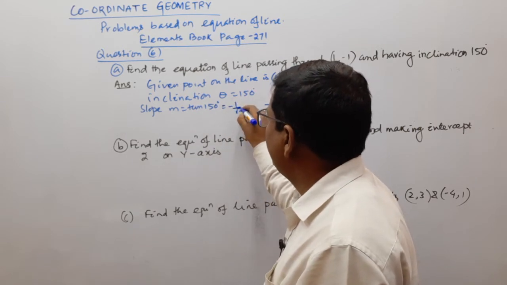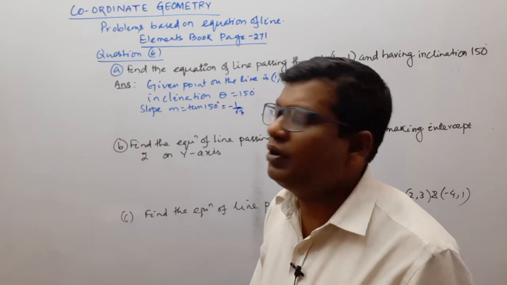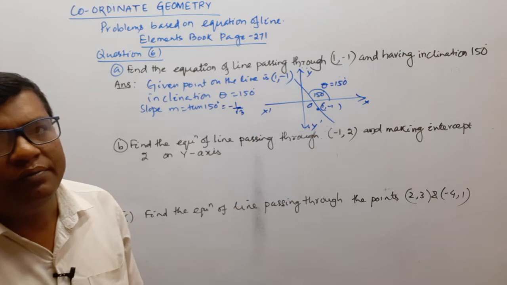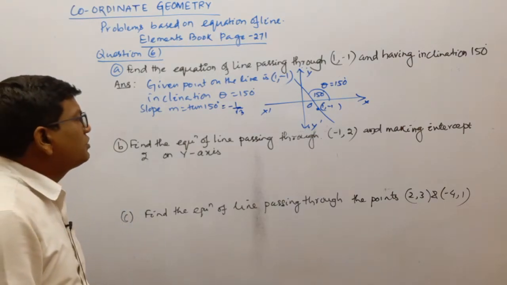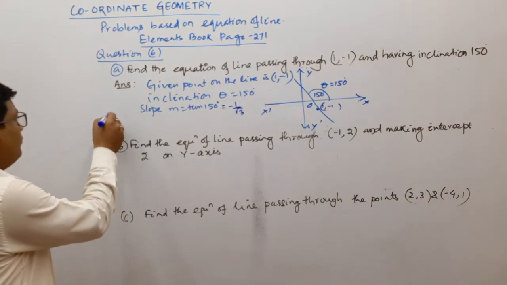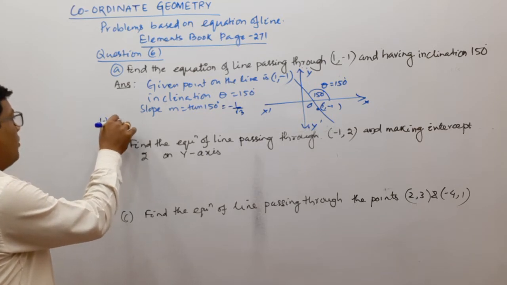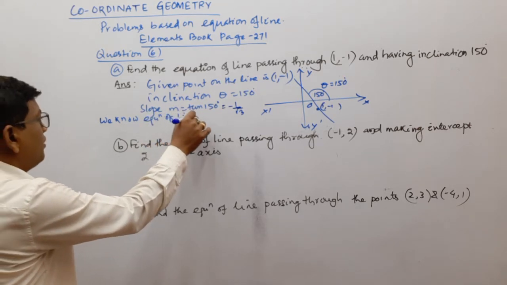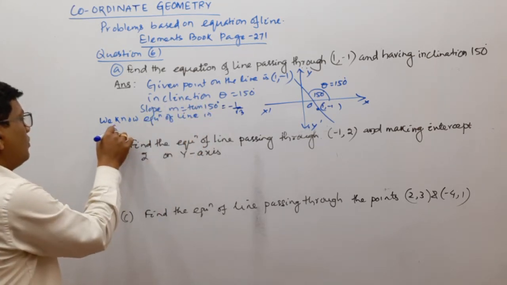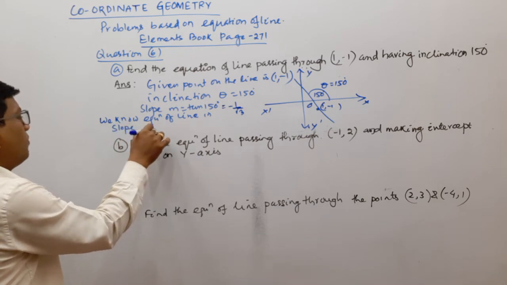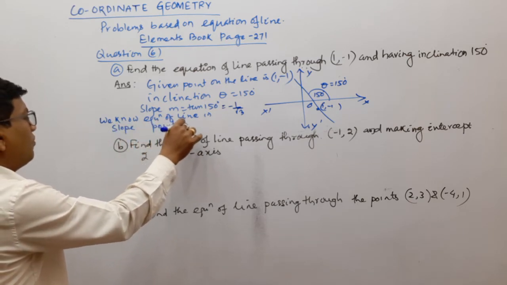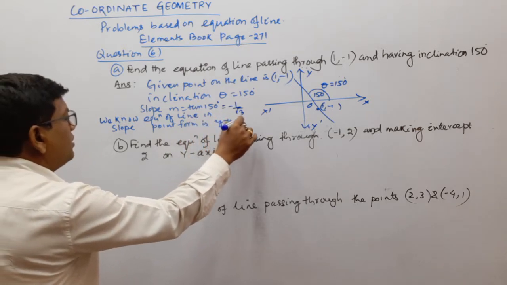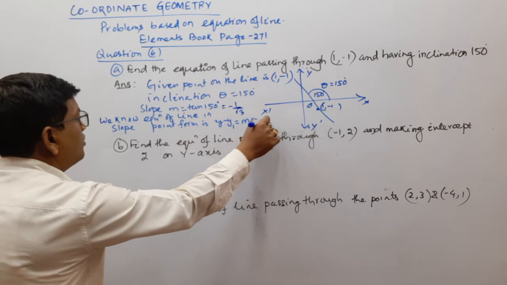We know the equation of a line in slope-point form. What is the formula to find the equation of a line in slope-point form? The equation of a line in slope-point form is y minus y1 is equal to m into (x minus x1).